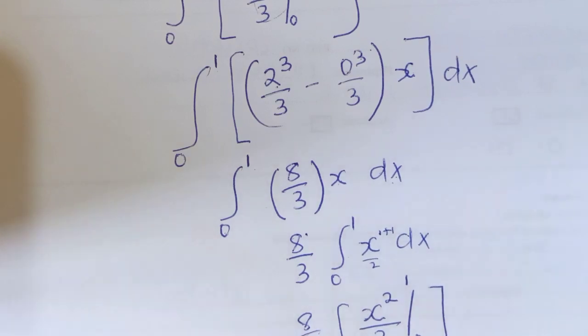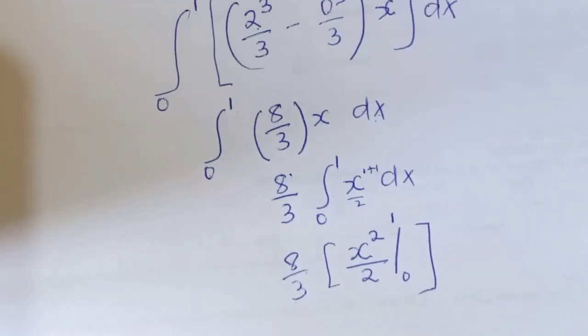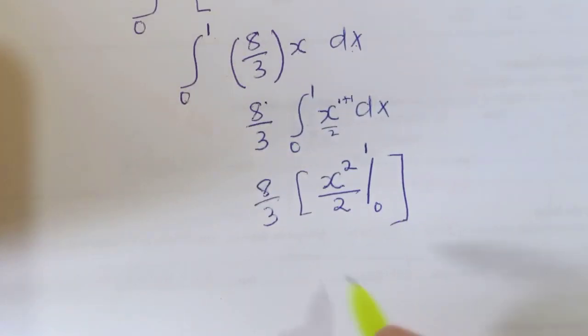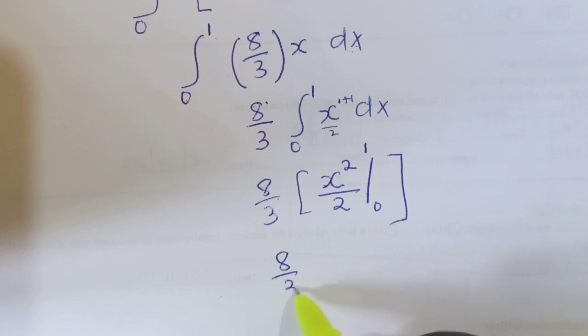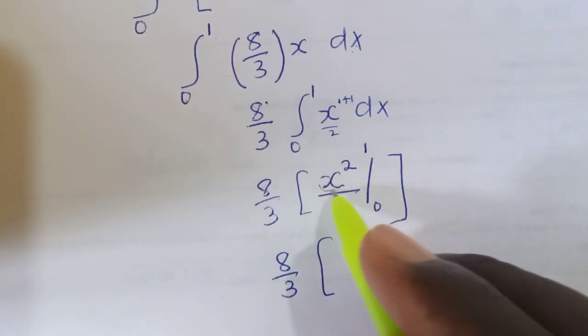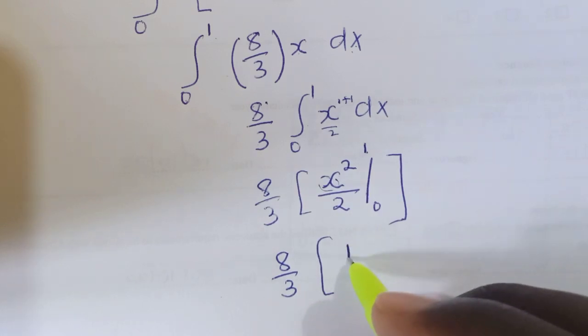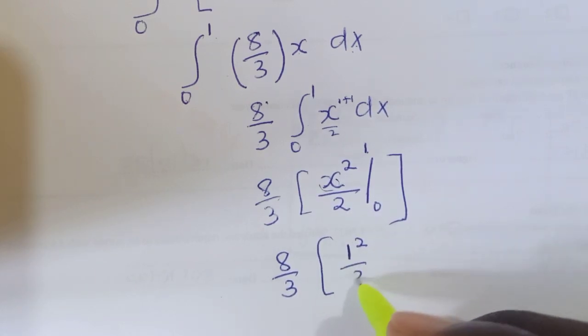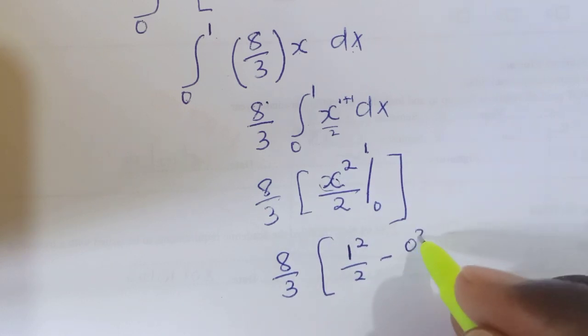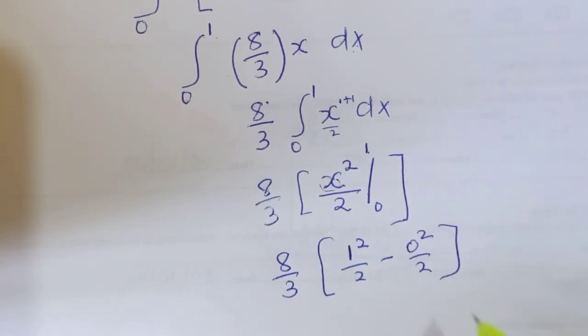Let us proceed to solve this. We will have 8 over 3 into, instead of x, I will have 1, then squared over 2, minus, instead of x, I will have 0, 0 squared over 2, close the bracket.